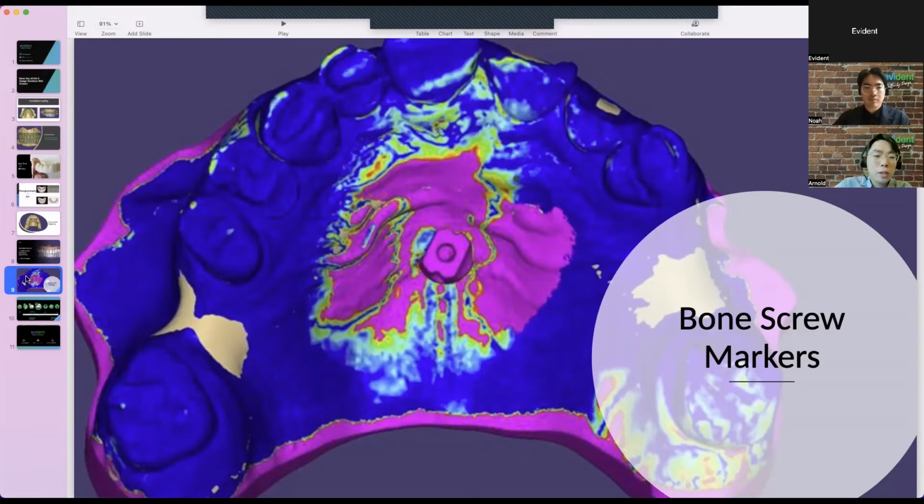So once the MUAs are placed on the implants, then you would place a scan body that sits on top of the MUA, right? And then take a scan of the scan bodies and make sure you include those bone screws again. It means we previously placed the bone screws and then we don't take them out, right? So it stays the same as you scan the scan bodies, right?